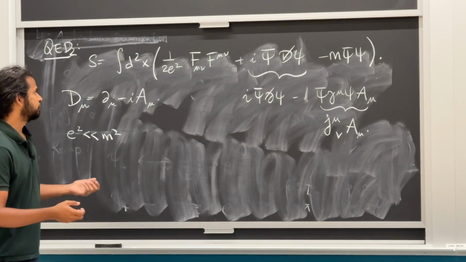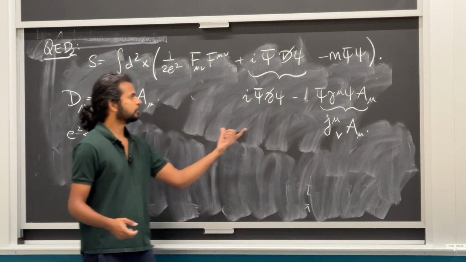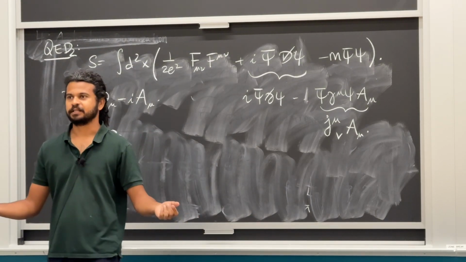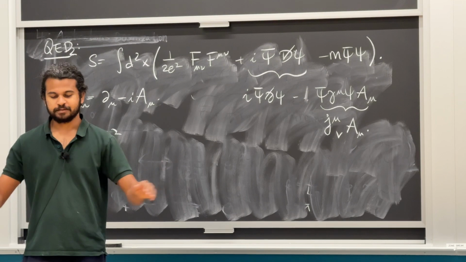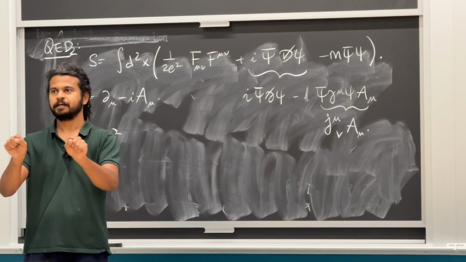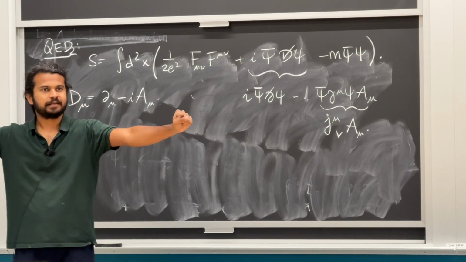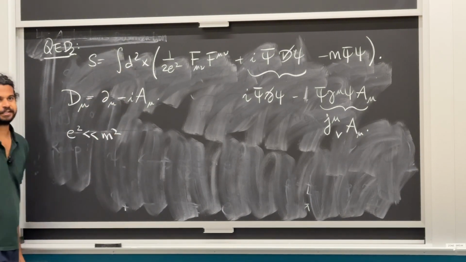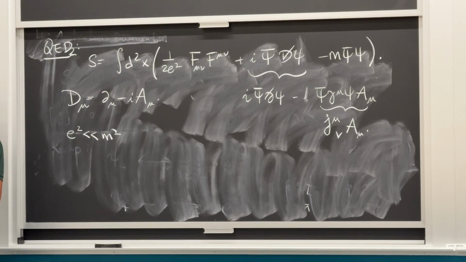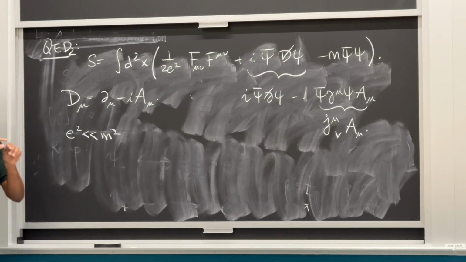So in perturbation theory, you would have normal fermions and antifermions, and if I create a fermion-antifermion pair, I can try to separate them. Since we are in one spatial dimension, the electric field does not have much space to spread out.